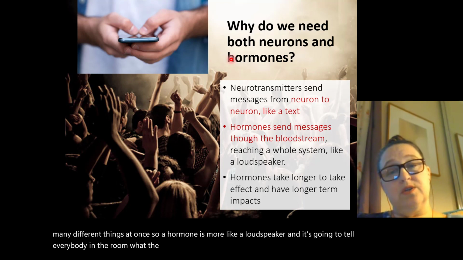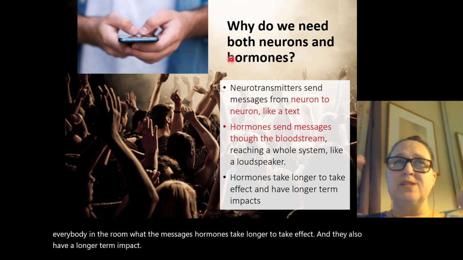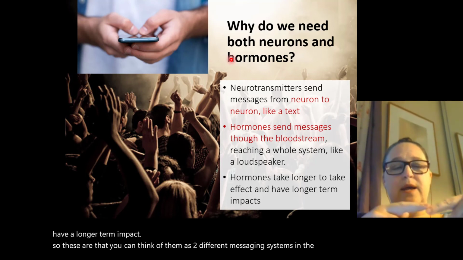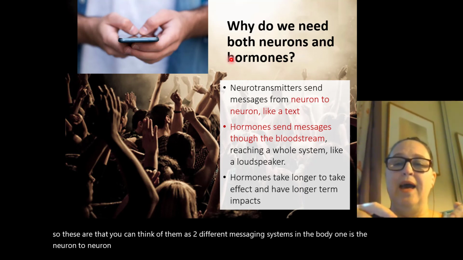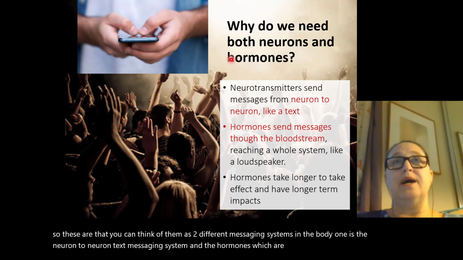Hormones take longer to take effect, and they also have a longer term impact. You can think of them as two different messaging systems in the body: the neuron to neuron text messaging system, and the hormones, which are more like the loudspeaker at a concert.